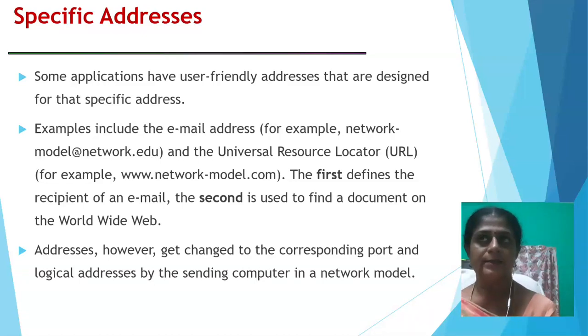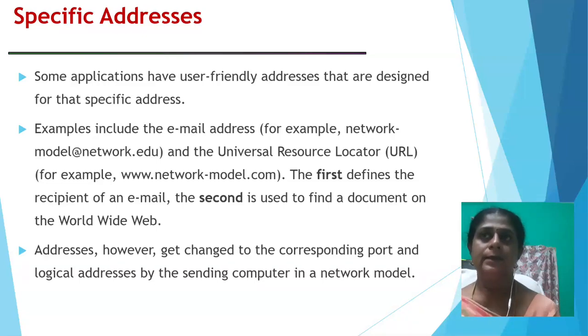The physical addressing pertains to the physical and the data link layer, where frames are sent from one hop to another hop. And logical addresses are used in the network layer, where packets are sent from one network to another network. The logical address will not change, it remains the same.